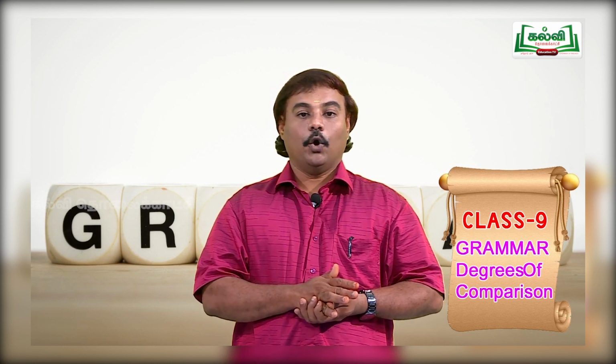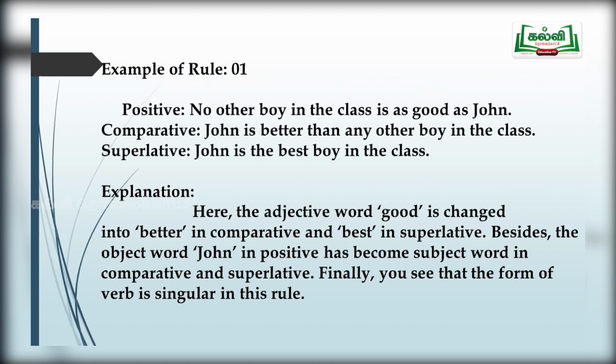Okay. Now, I have displayed an example for you of all the 3 degrees. See the positive degree. No other boy in the class is as good as John. Read, all of you. No other boy in the class is as good as John. Students, which is the subject there, or which is the noun there?